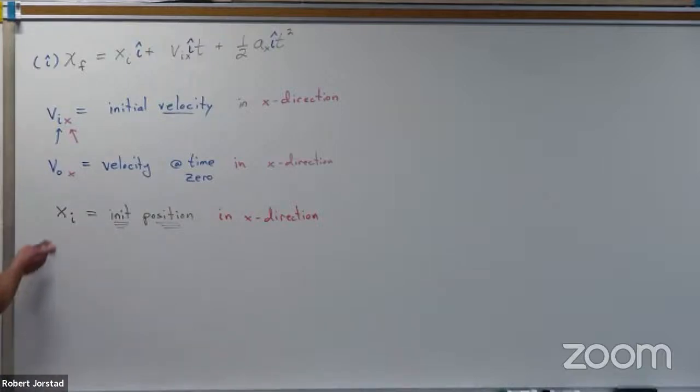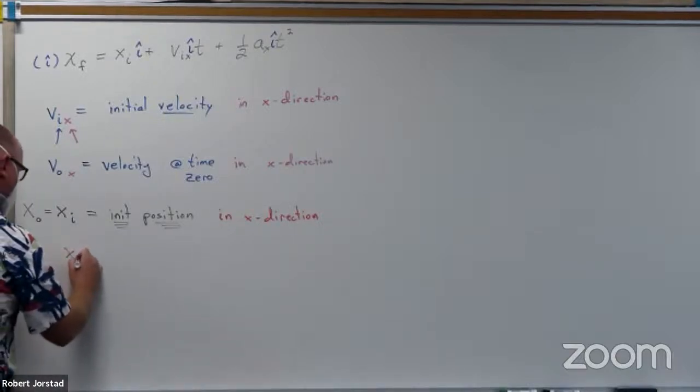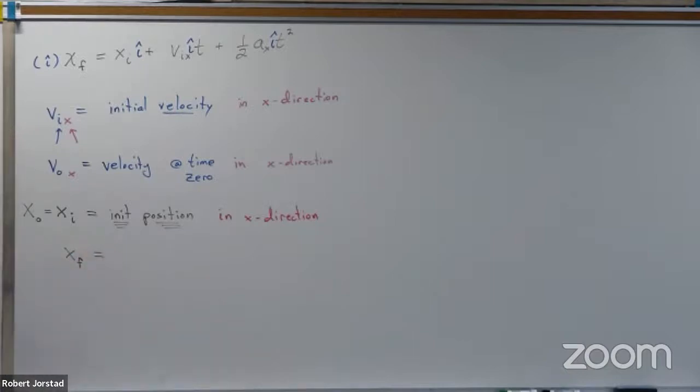Take a guess. What's another way this is sometimes written if you had to base it off this, right? Yeah, sometimes they'll call this X subscript 0 or position in the horizontal direction at time 0. So far, so good? All right. X final. That's going to be final position.